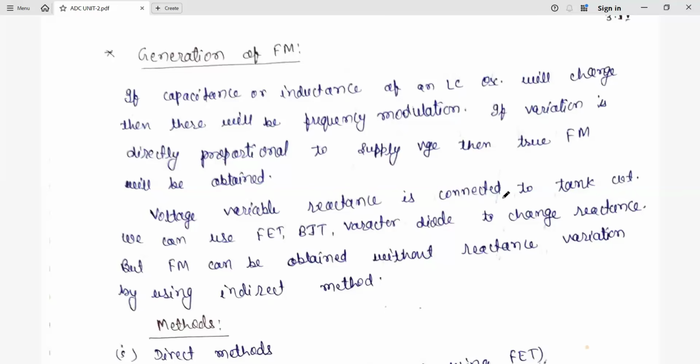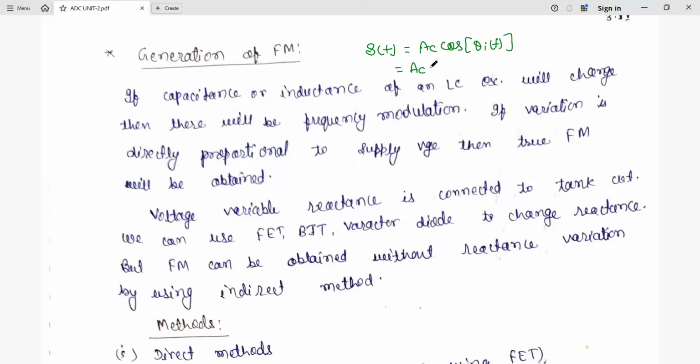In an earlier lecture we already saw the modulated wave for FM. S of t is Ac cos theta i of t, and for theta i of t we have different values for the instantaneous frequency when talking about frequency modulation.